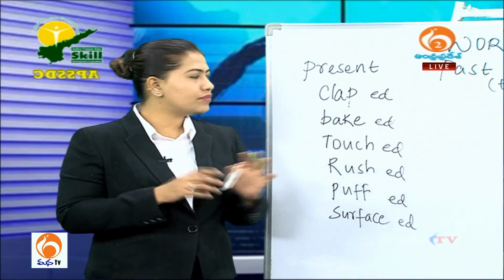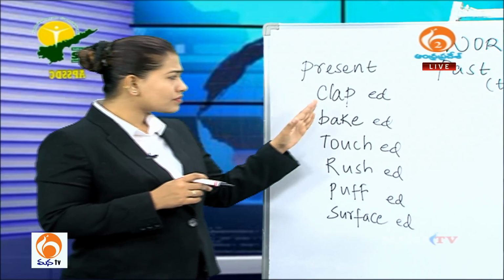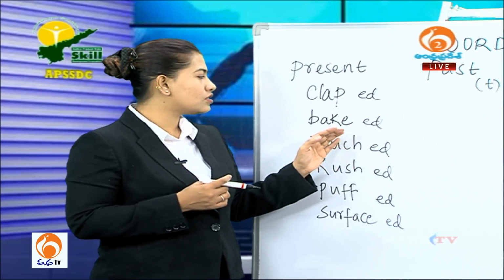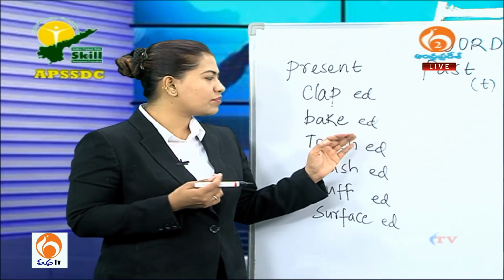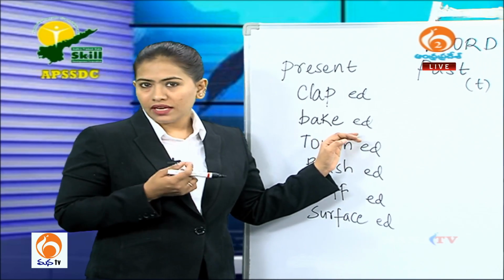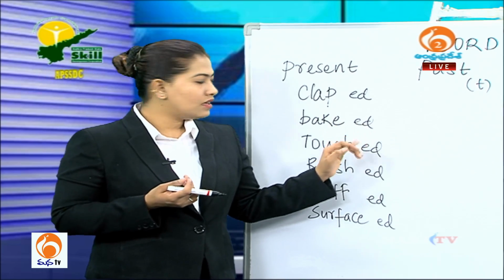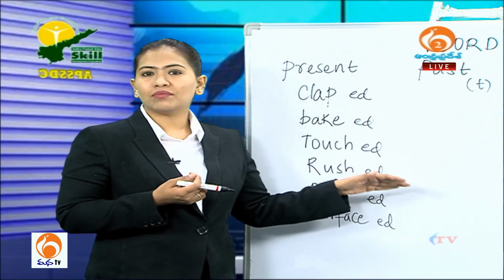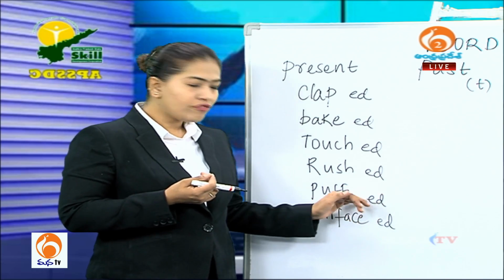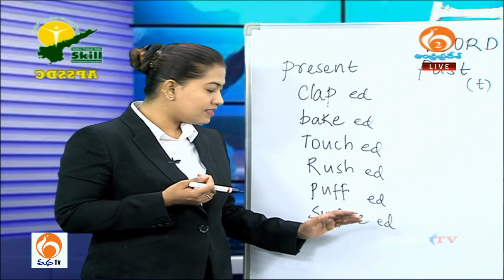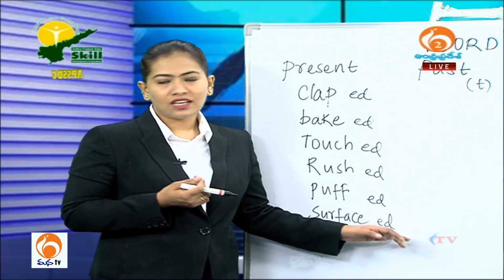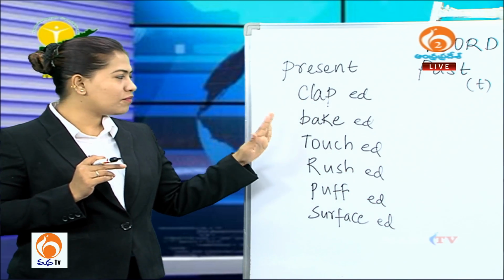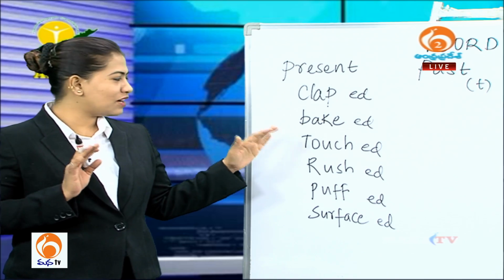So simple. Clap will become clapped, giving the correct pronunciation to this word. Bake would become baked. Touch would become touched. Rush would become rushed. Puff would become puffed and surface would become surfaced. So it is not clap-ed, it is not bak-ed, those are all mispronounced words.